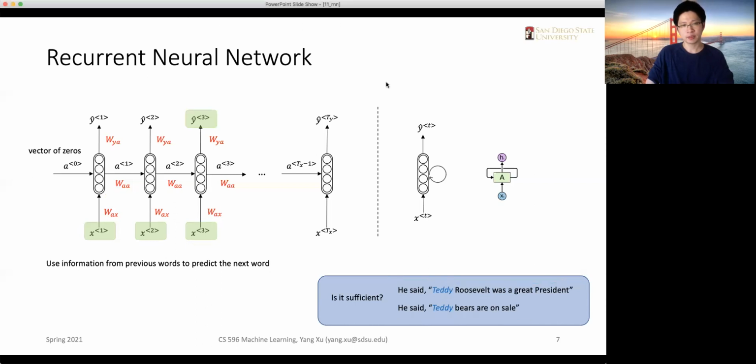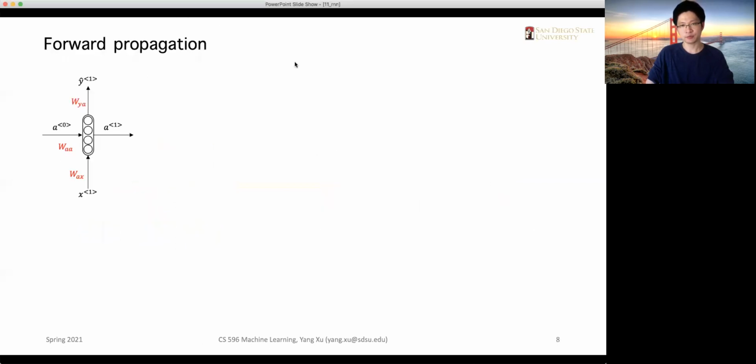All right, so that's the first example of a neural network that we looked into. Now we will step into the forward pass and backward pass more carefully.